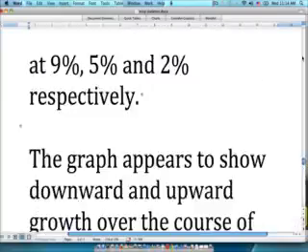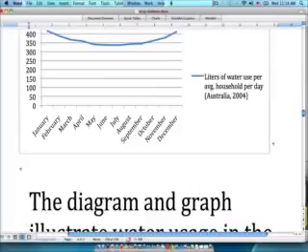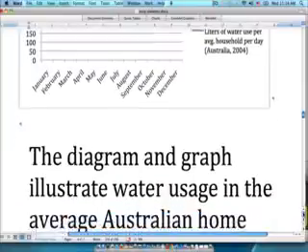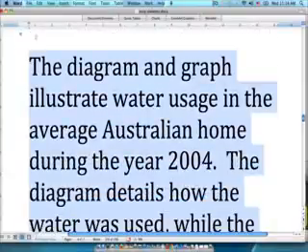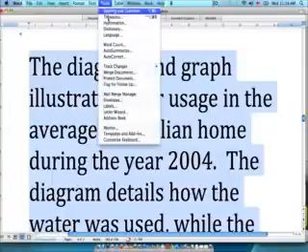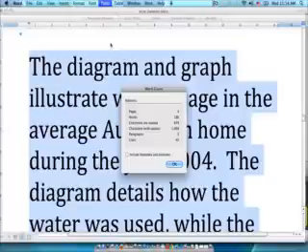Okay, now I just want to very quickly do a word count to show you that this pattern should put you between 150 and 180 words. You don't want to go much higher than that, because remember, you have to do this within 18 minutes, so it's got to be a structure that's quite fast to complete. So here we're sitting at 186 words, which is okay.